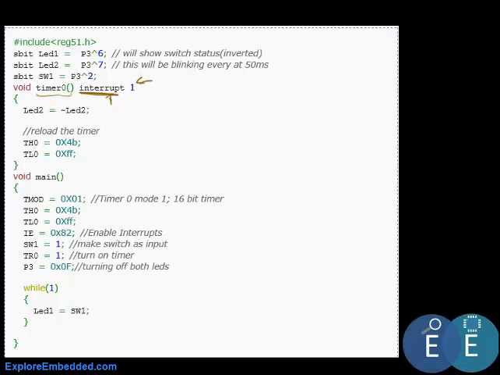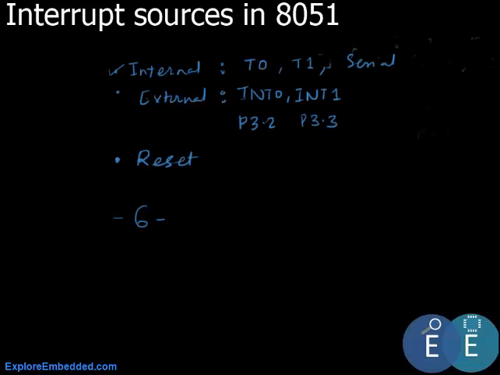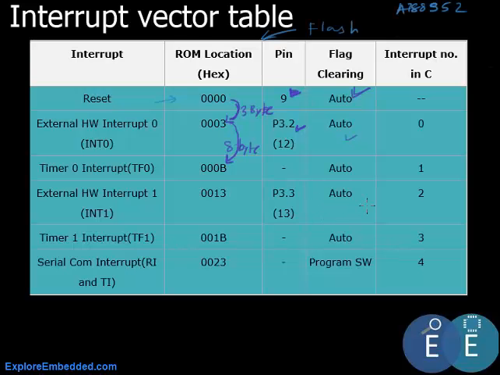Now if we go back to the interrupt vector table which we had seen earlier, we have written the interrupt numbers on the right hand side here. If you are writing it in C, the interrupt number should match the interrupt that you are using. For external hardware interrupt 0, this is 0. For timer 0, which we are using in this case, the interrupt number is 1.